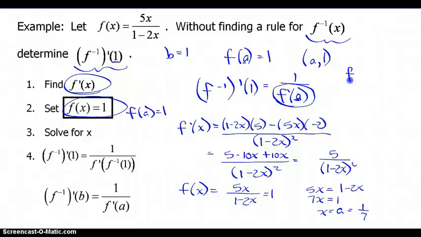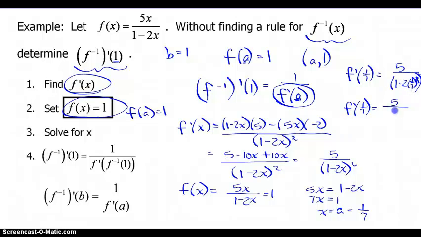So f prime of 1/7 equals 5 over the quantity 1 minus 2 times 1/7, squared. Okay, so f prime of 1/7 is 5 over 1 minus 2/7.